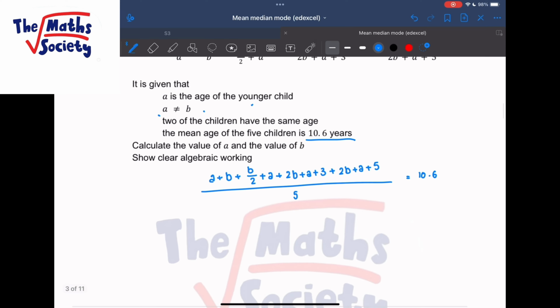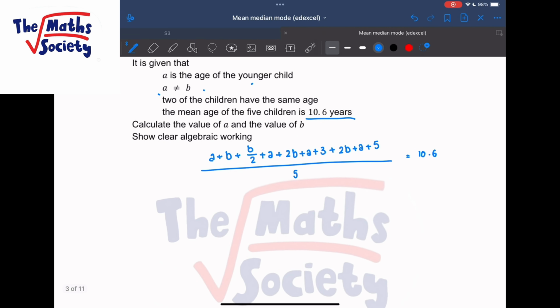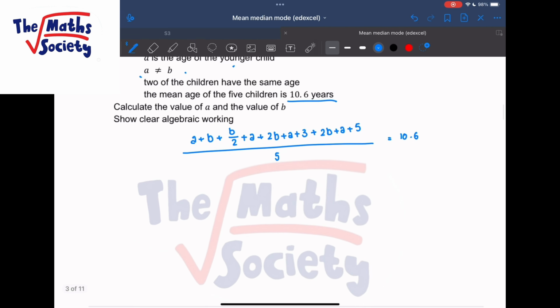Okay, so we will try to calculate it. When we simplify it, we get 4A plus 5B plus B by 2 plus 8, and that's going to be equal to 53. So then we'll have 8A plus 10B plus B plus 16 equals 106.